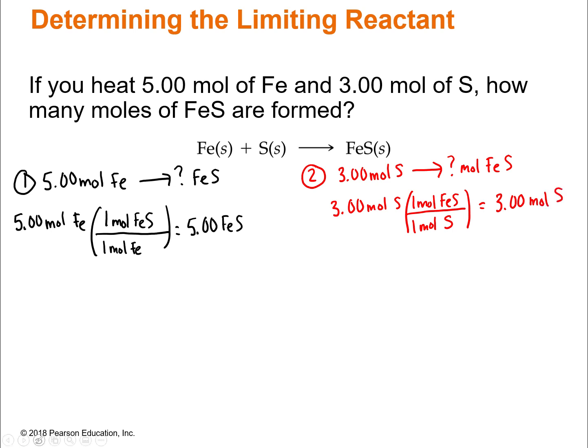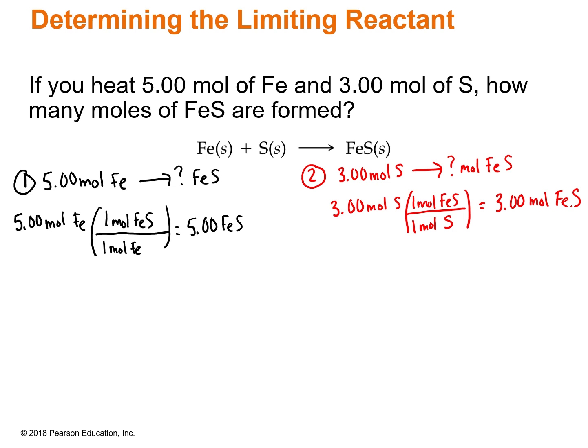Oops. That should be iron 2 sulfide. So these are the 2 small problems that we have to do to figure out how much product we would make if we only had 5 moles of iron, and how much we would make if we only had 3 moles of sulfur.